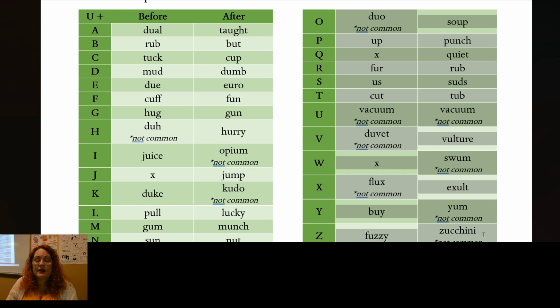And again, some of these spellings are very common, some are quite uncommon.